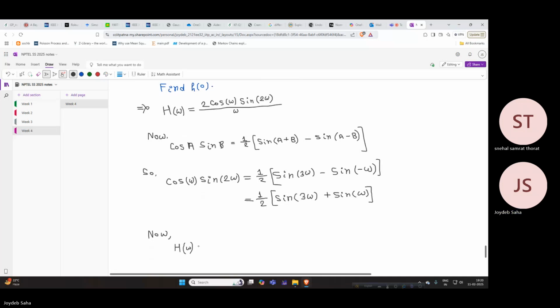So if we multiply 2 upon omega, 2 will be cancelled out. We will get 1 upon omega, sin 3 omega plus sin omega.